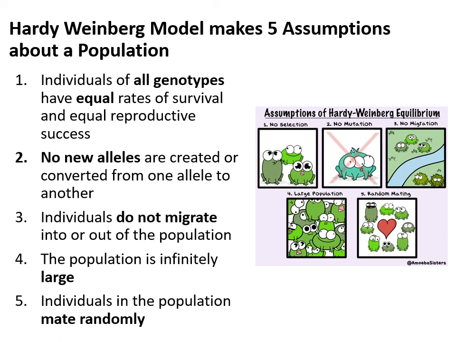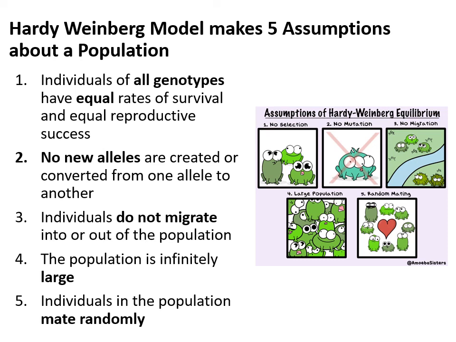So maybe you were wrong about one of the individuals. Well, if your calculations were out of 1,000 people, being wrong about one or two of the people is not going to change your numbers very much. But if there were only 4 people in your sample, and you're wrong about one of them, well, now your numbers just change drastically. So the Hardy-Weinberg model wants there to be an infinitely large population.